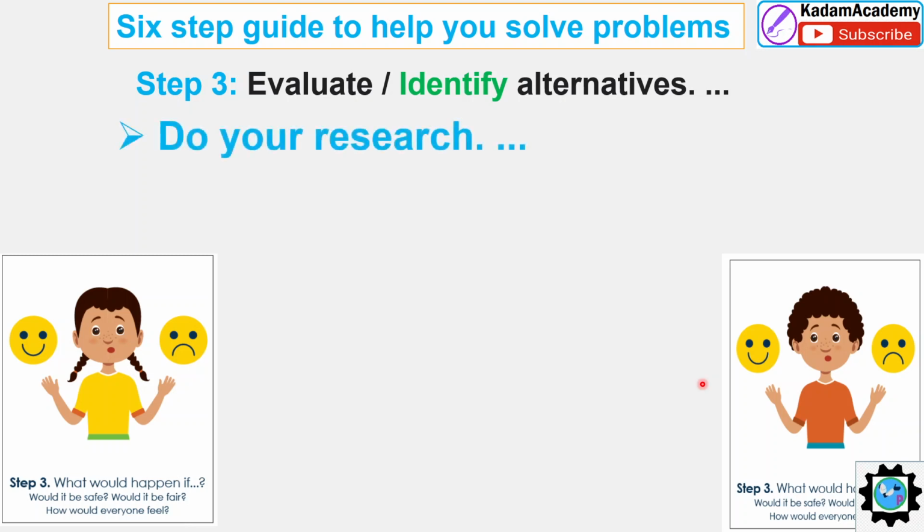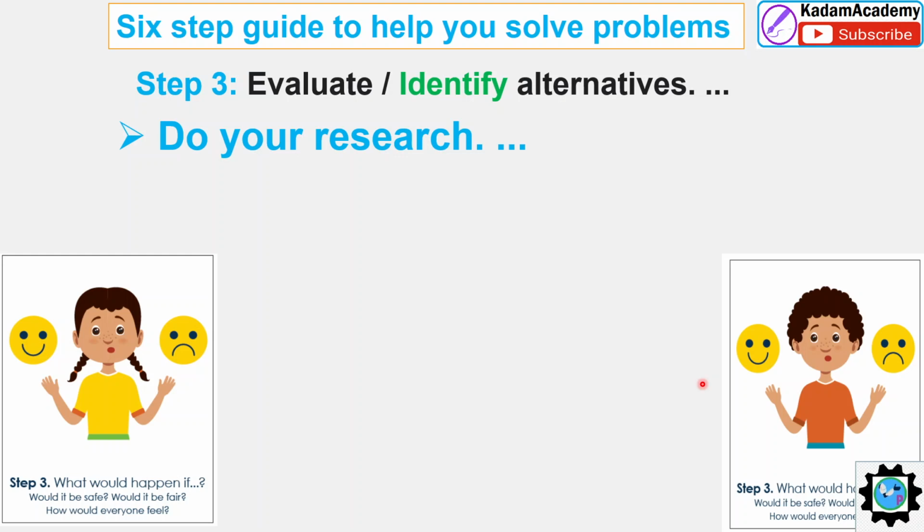These alternatives can come from communicating with the customer, and if the problem is at the workplace or in personal life, then communication with your family members, relatives, and friends will give you better solutions, or the alternatives will come to your mind. So do research on this.